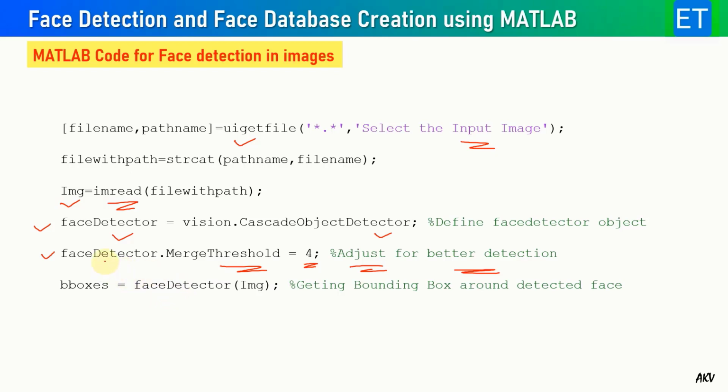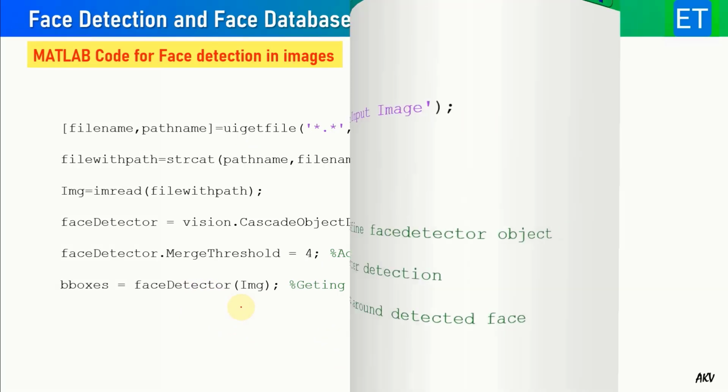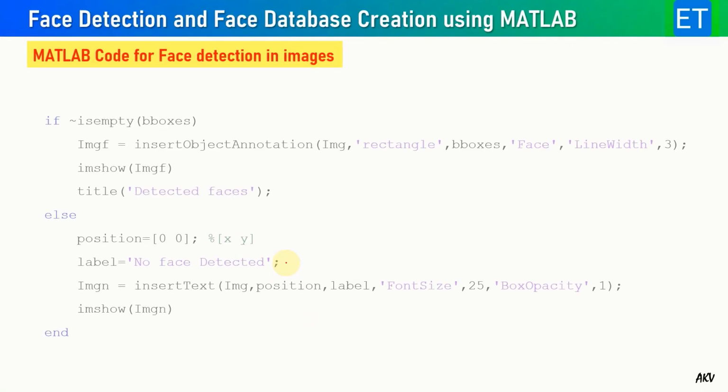Now, using this face detector object, similar to a function, the image img is passed in, and it returns the bounding boxes. Bounding boxes means if a face is detected, then a surrounding bounding box is returned by this face detector object. Here we have put some conditions.